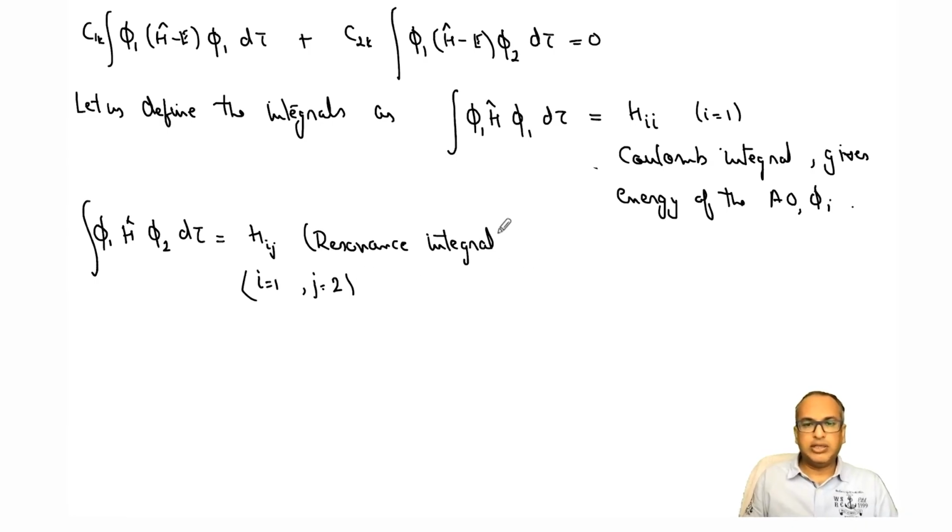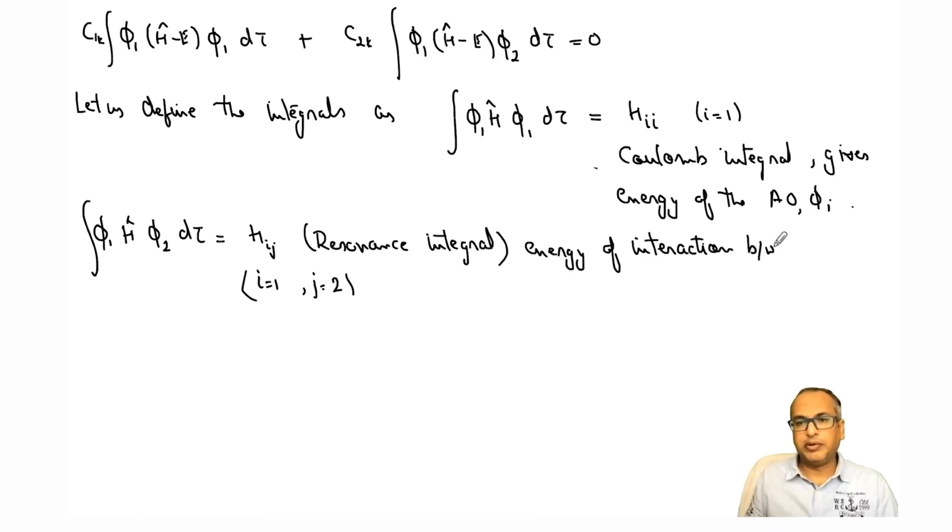So this is called the resonance integral, and what does it give you? It gives you the energy of interaction between pairs of atomic orbitals that are interacting. In this case, it is phi 1 and phi 2, right? So these are two integrals.